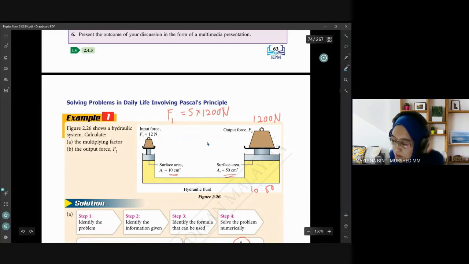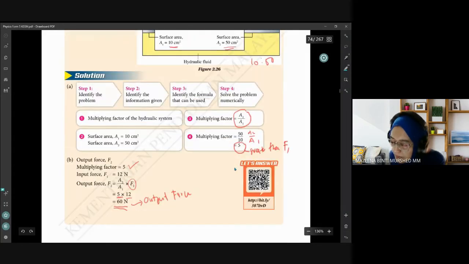So kita terbalikkan dia lah, A1 over A2. A1 over A2 maksudnya kita nak cari F, sekarang kita ada F2 sama dengan 1200, kita nak cari F1. So F1 sama dengan A1 over A2 multiply with F2.